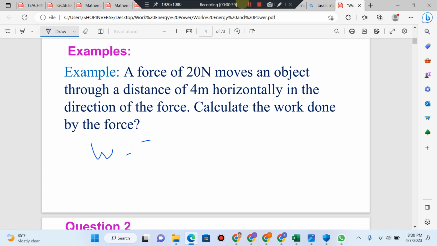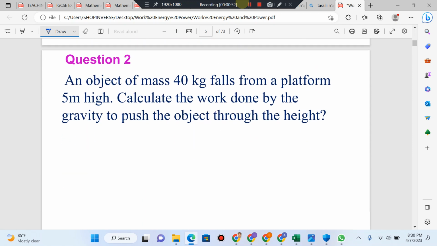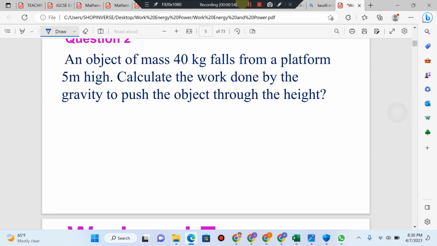We solved the first example by multiplying the force by the distance, and we got the work done by the force. In the second example, we also calculated the work done by multiplying the force by the distance.